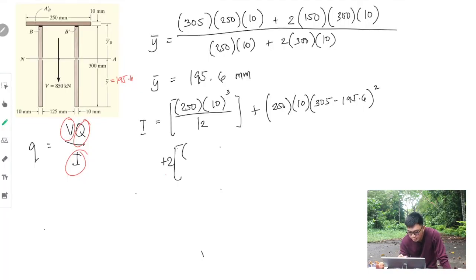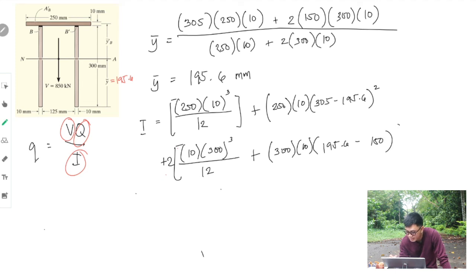Okay? So, that is base 10 times height of 300 cubed over 12, plus 300 times 10 multiplied by 195.6 minus half of 300, 150, squared.